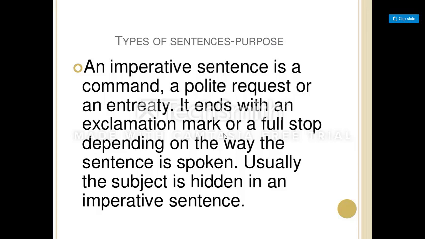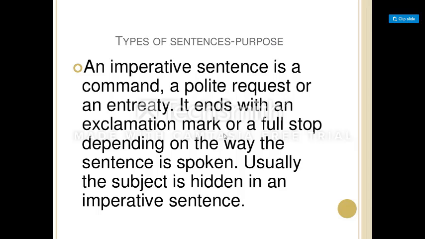But there are some grammarians, a school of thought, who are of the view that exclamatory sentences and optative sentences are the same. So they do not go for further division of these two types. Anyways, I will define it to you, though it is not given in the slides.